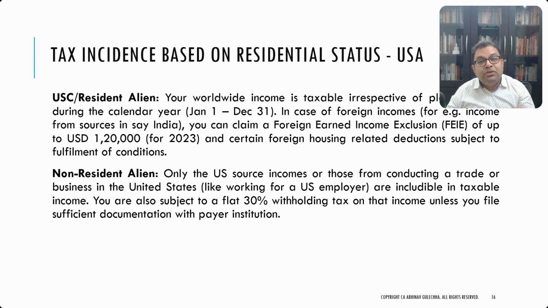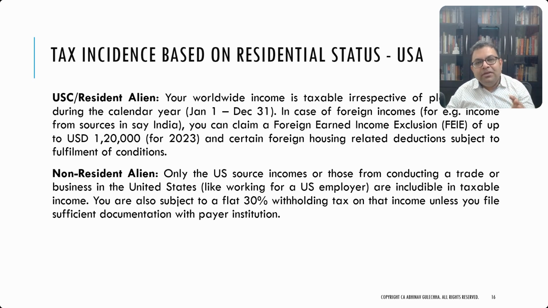There is also a provision of a flat 30% withholding tax on the incomes, unless you submit some documentation like Form W-8BEN. If you provide that documentation, for example, as a tax resident of India, then there will be a reduced tax rate of like 1%. That depends; if you qualify for that, you can get that.